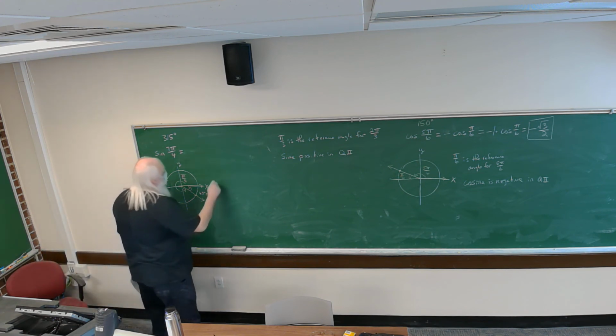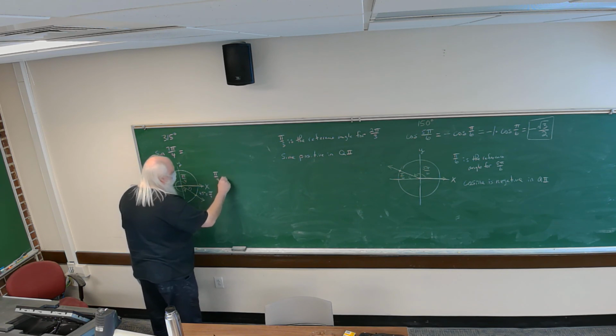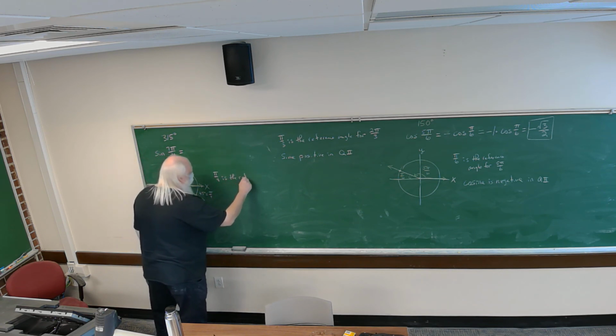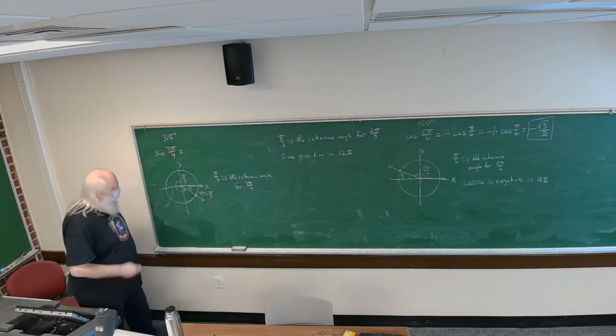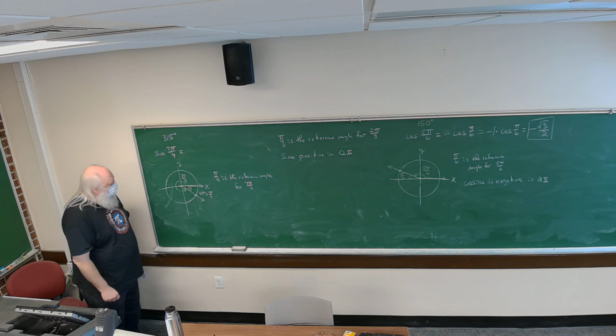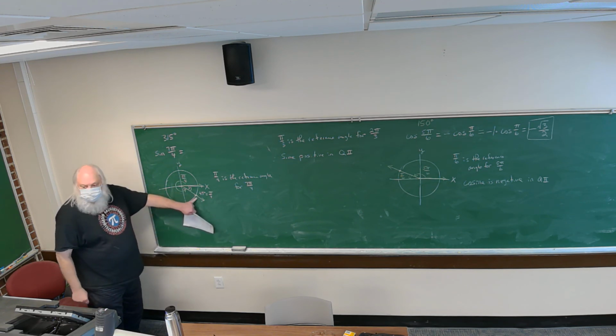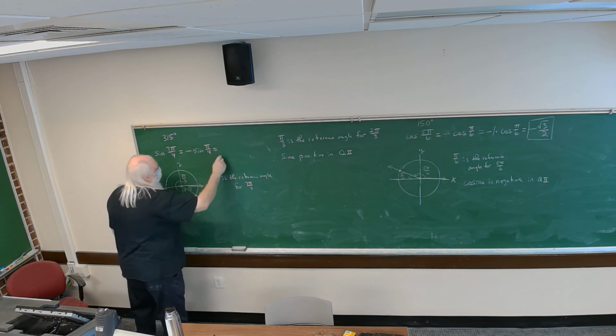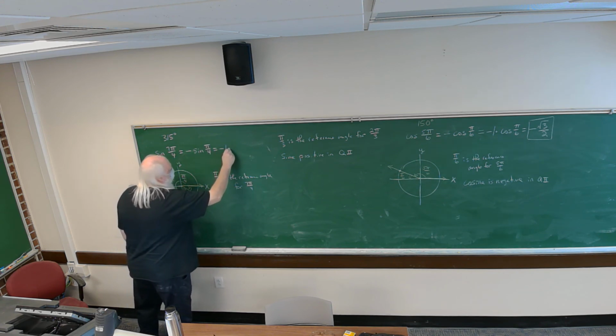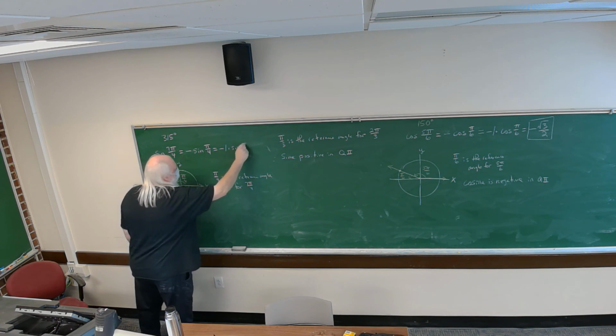So pi over 4 is the reference angle for 7 pi over 4. Is sine positive or negative in quadrant 4? Negative. So this is going to be equal to the negative of the sine of pi over 4, which is the same as minus 1 times the sine of pi over 4.